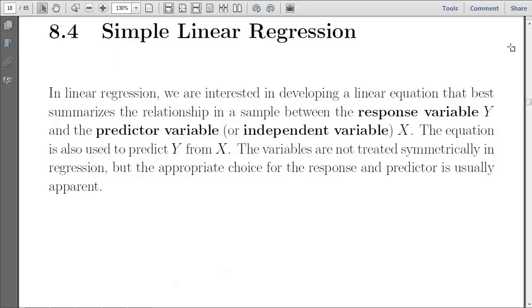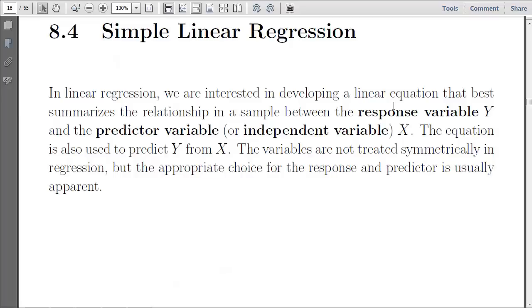And in this video, we'll focus on the case where we already have data that looks pretty much like a straight line would model it, and we're going to develop that line using least squares.